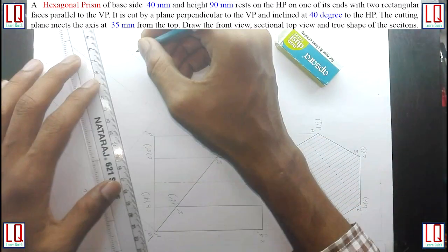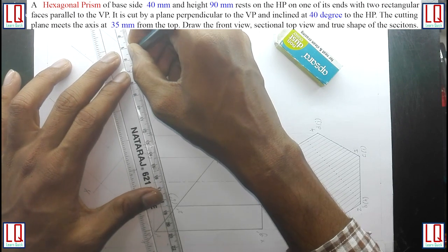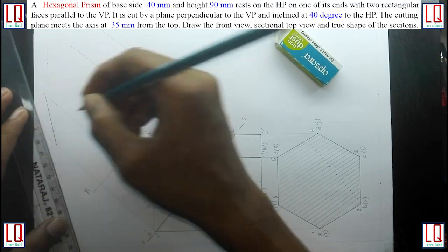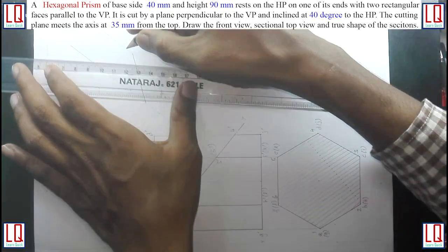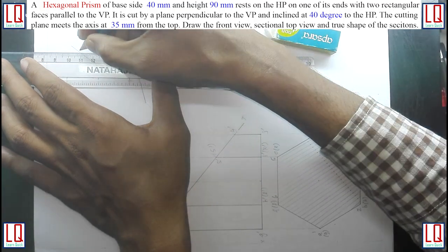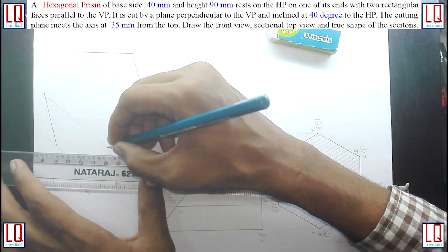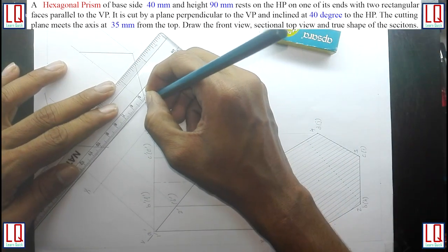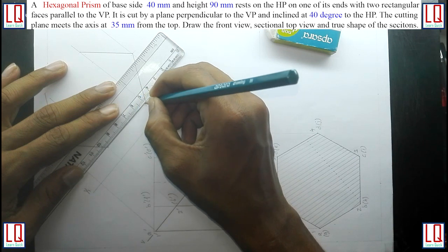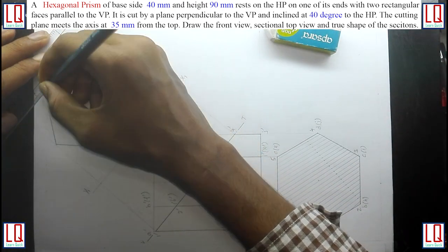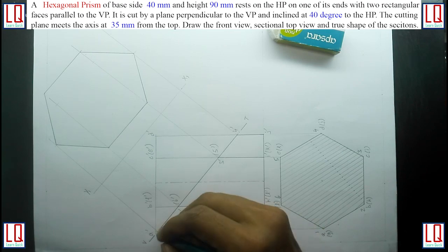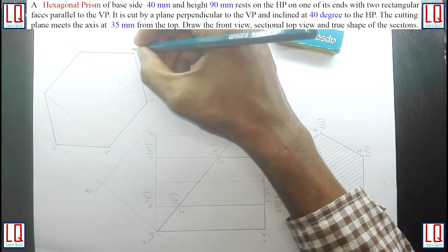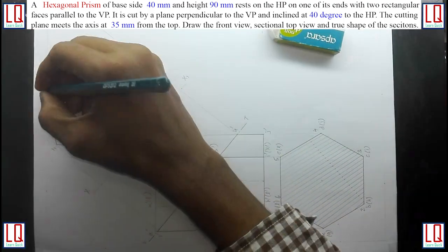Now using HB pencil, join all cutting points to obtain true shape of section: 1 1, 2 1, 3 1, 4 1, 5 1, 6 1.